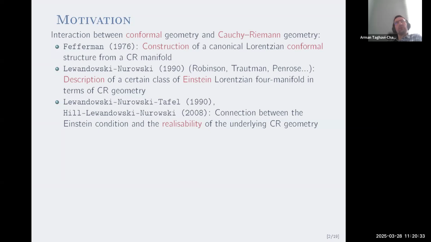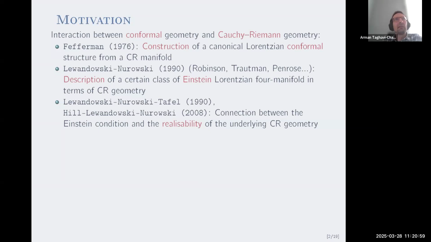There was a program started by Andrzej Trautman at the University of Warsaw, and three of his former students, or students at the time, Jacek Tafel, Jurek Lewandowski, and Paweł Nurowski, worked on this connection between the exact solutions to Einstein equations and CR geometry.